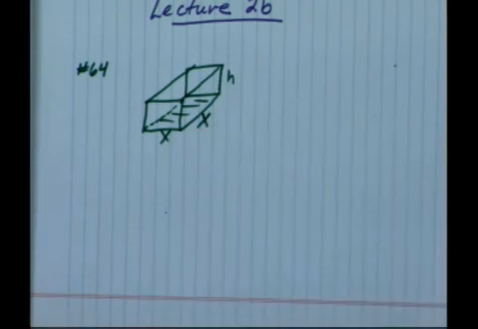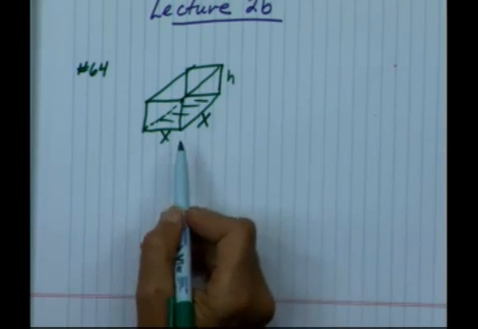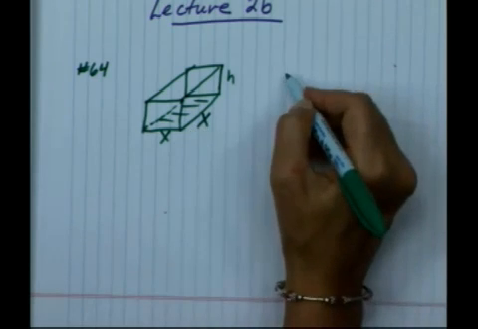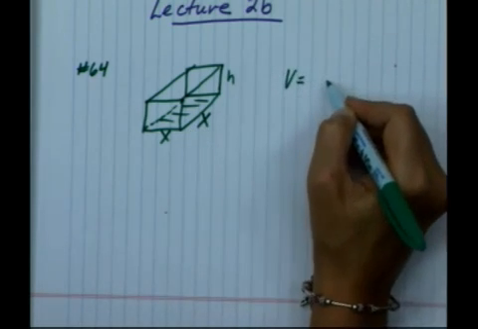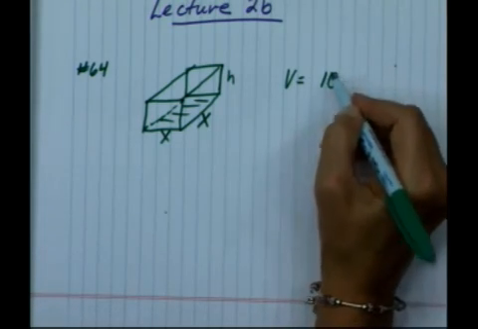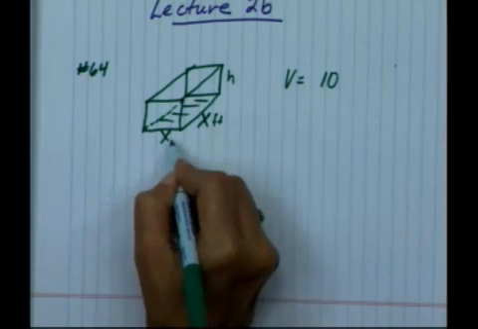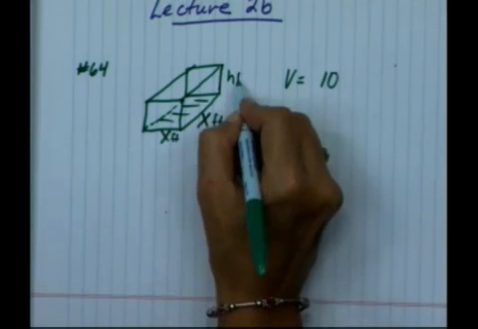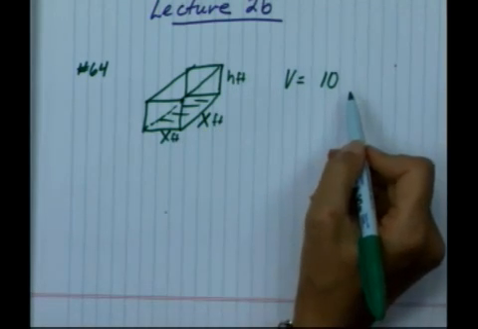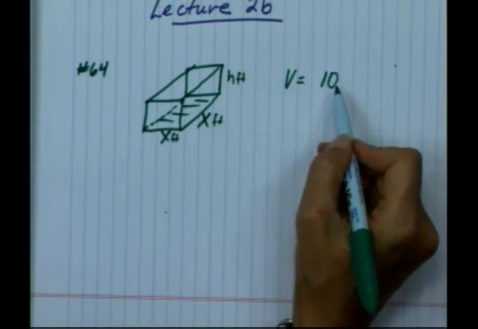Can you visualize your box? All right, now let's translate some of this. This particular box with a square base is to have a volume of 10 cubic feet. This is x feet, height is h feet.